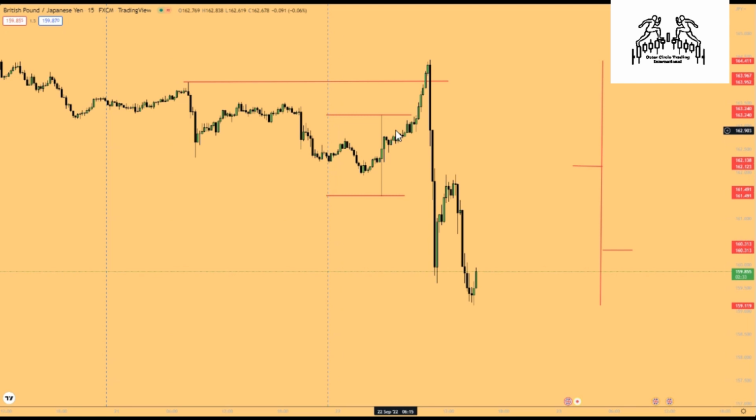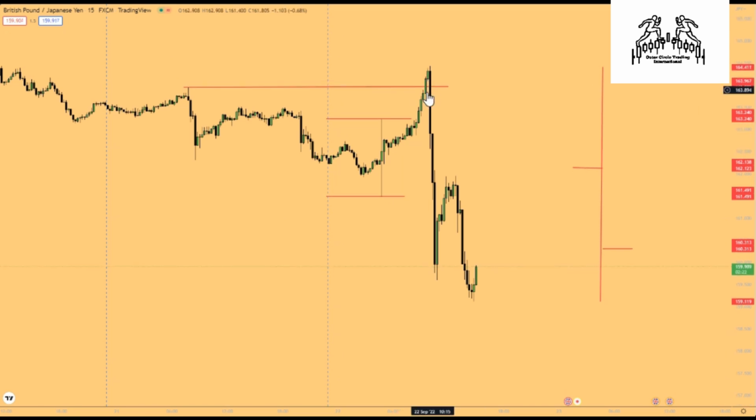What happens in the accumulation phase is that institutions are accumulating orders, and then they will move price in the wrong direction, an opposite direction in regard to the direction of the day. It's to manipulate traders and put them on the wrong side of the right direction of the day.